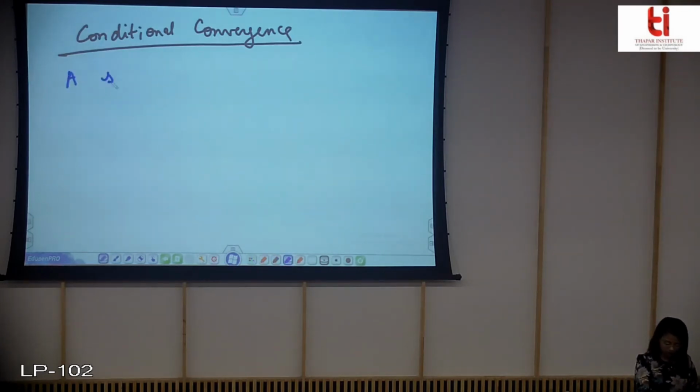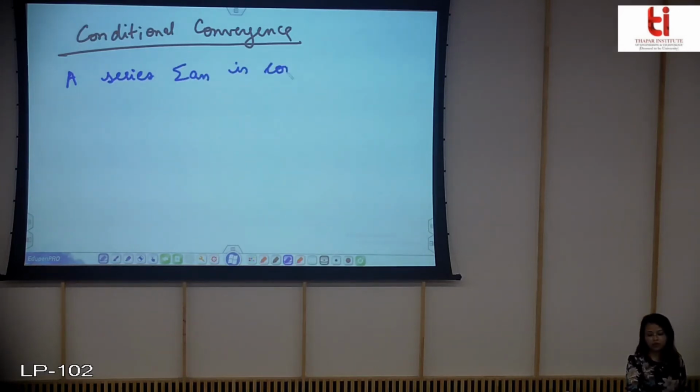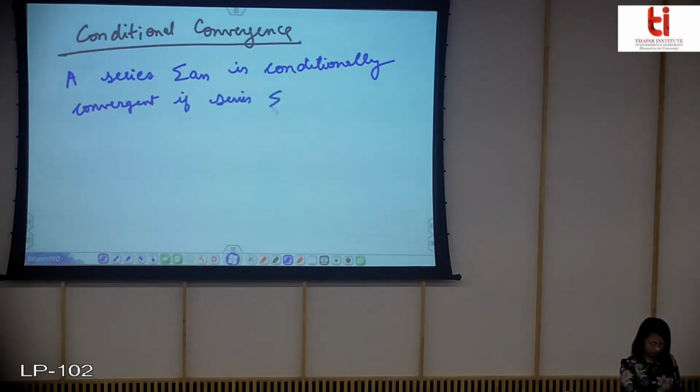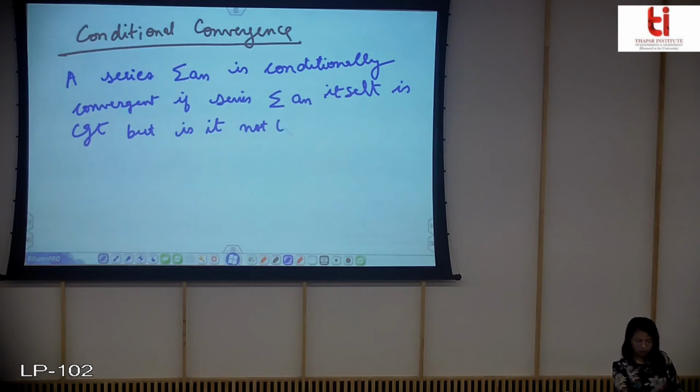A series is conditionally convergent if the series an itself is convergent, but it is not convergent absolutely.